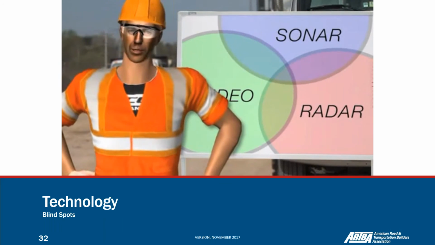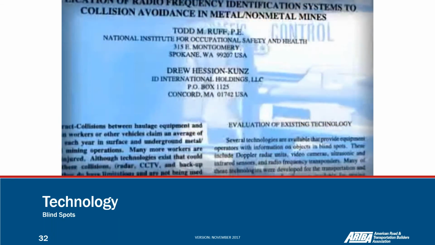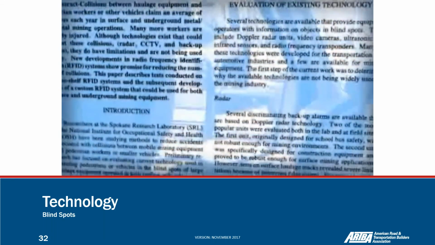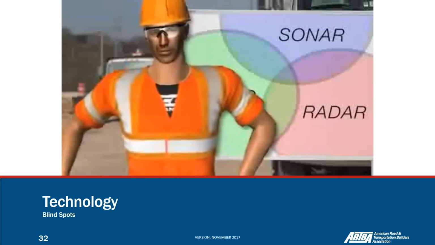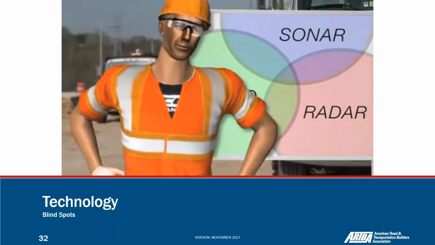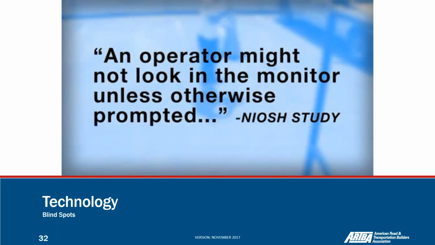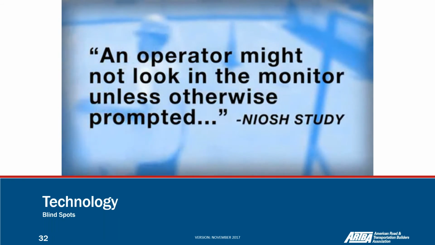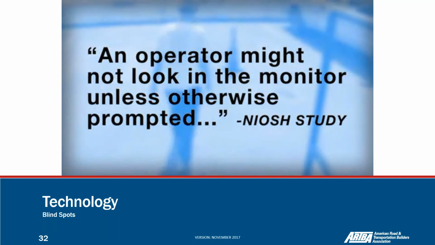For example, in a recent NIOSH study, researchers found that a radar system, which sends an audible alarm to the operator when something is detected in a blind spot, was most useful in prompting operators to look at their video monitor when the alarm sounded. In other words, an operator may not look at the video monitor when backing, unless he or she is prompted by an alarm to do so.